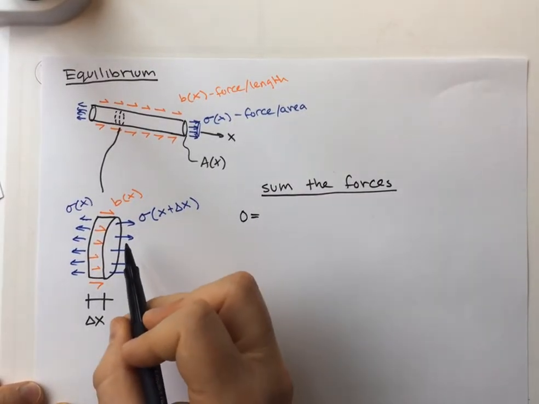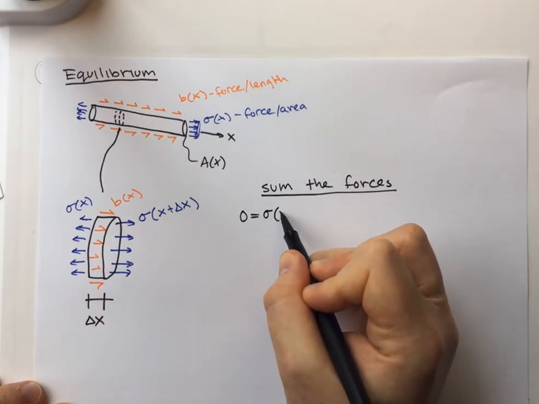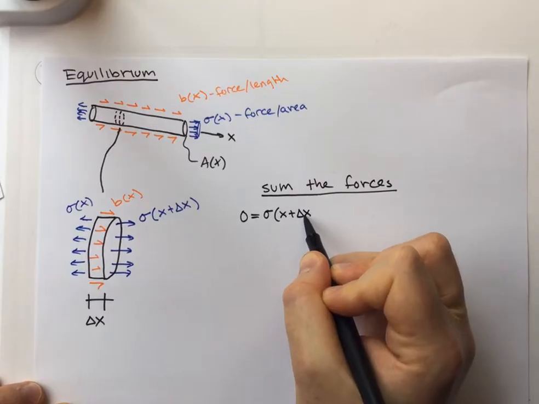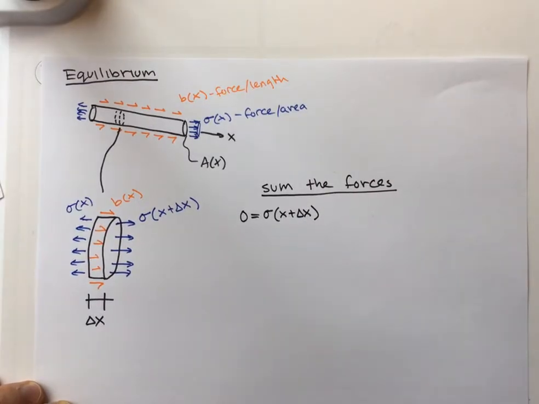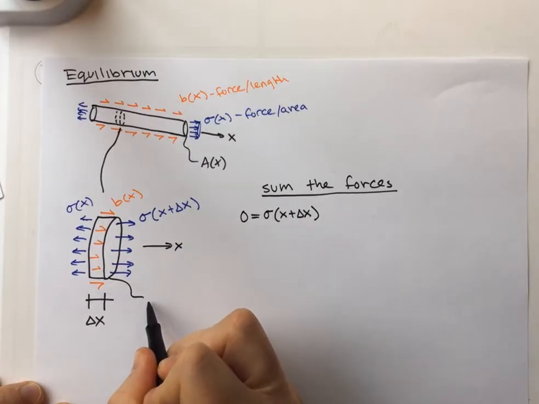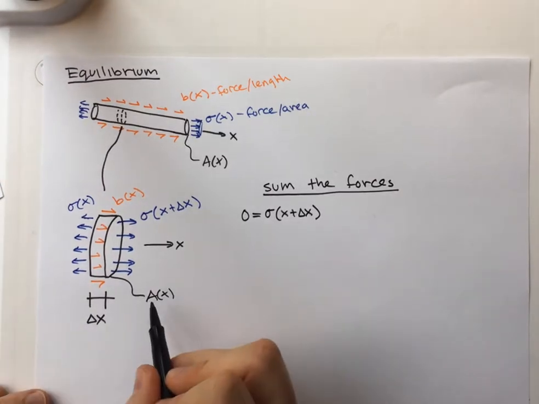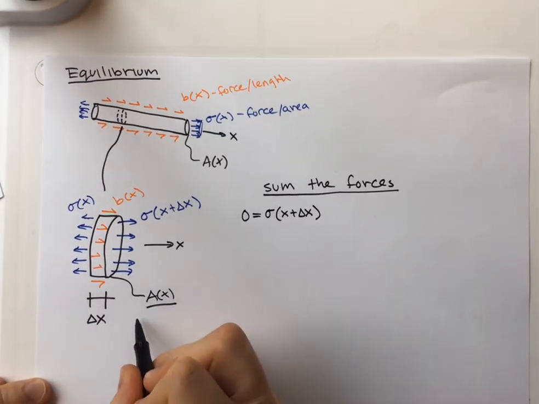And what do we have? Well, on this side, we have sigma of x plus delta x. And we should say that we still have some coordinate system here, and we still have some area. It's a function of x. To make our math a little bit easier, we're going to assume that area is the same on both sides.